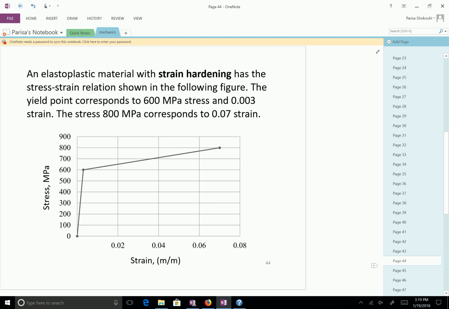You have a stress, you have a strain, and it is a bilinear elastoplastic behavior. I'm asking how much would be the strain if you load it to 650, and what happens if you unload it?